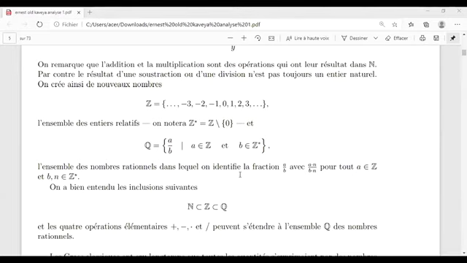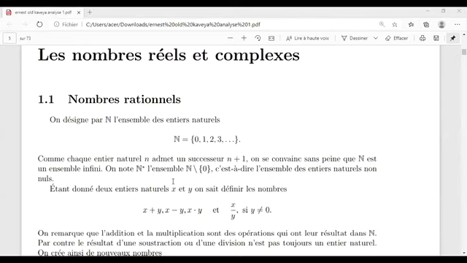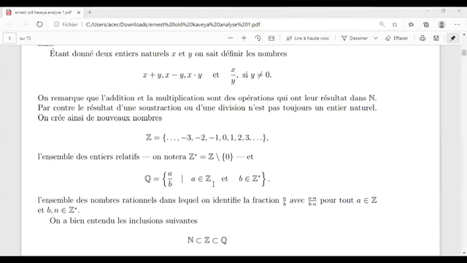Any other questions? Yes, mademoiselle. On this one, where the Q stands for rational numbers, and we have A over B: A is a member of integers, but B is not a member of integers, with an exception of only 0?